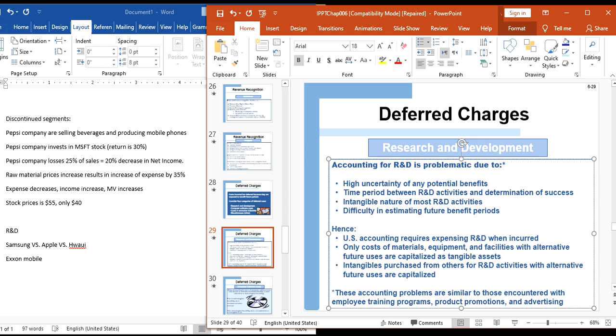And promotion products, for example, you make a promotion to sell your products, buy 2 and get 1 free, and you are not sure how much you benefit out of it. Also advertising, you pay a huge amount of money to the televisions to advertise for you, but you don't know whether you are benefiting or not from this. Okay.